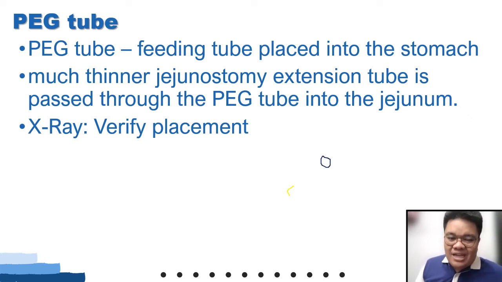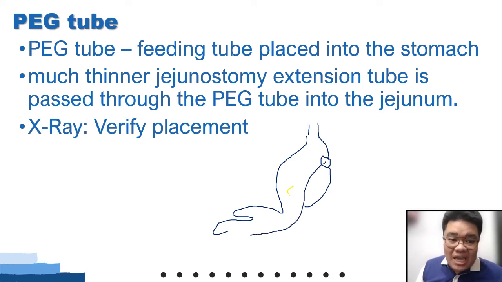For example, if this is your esophagus and that's your stomach with a hole there because of your gastrostomy, and this will be your duodenum, jejunum, and ileum. Sometimes the PEG tube would also lead towards the small intestine, depending on the preference of the physician and the case of your patient.